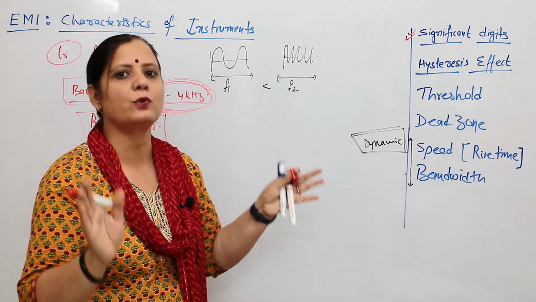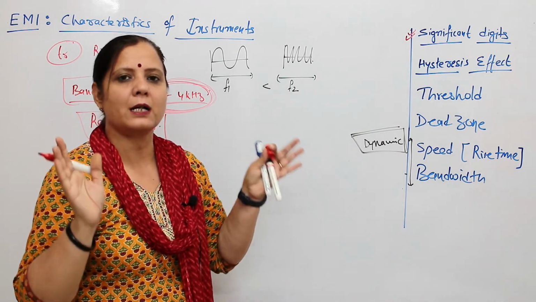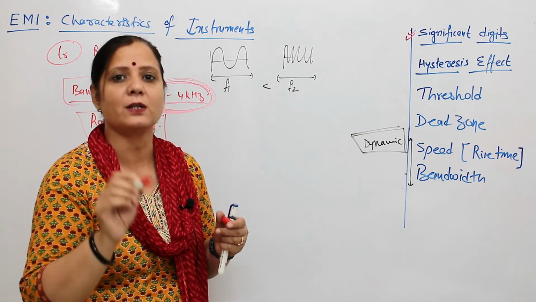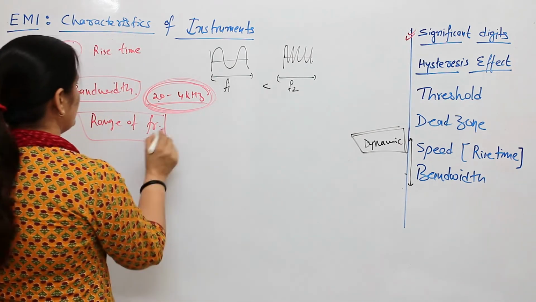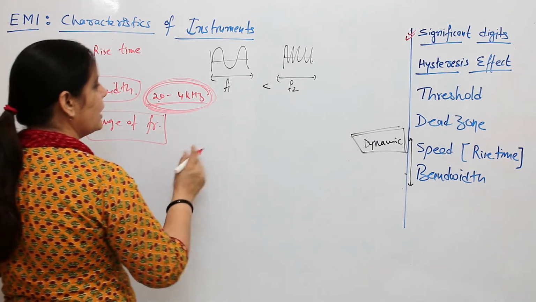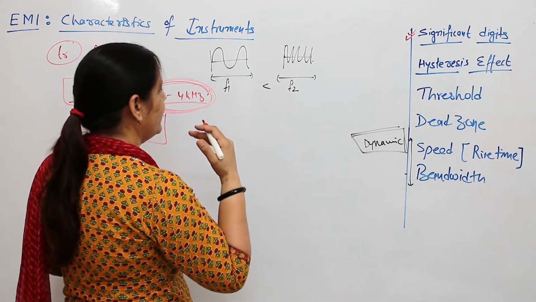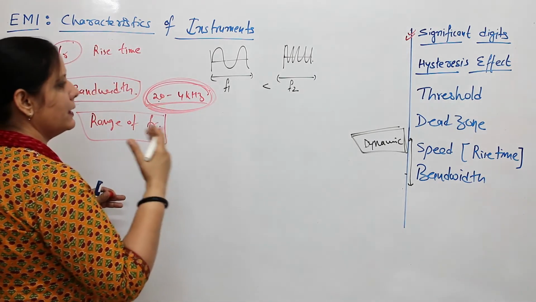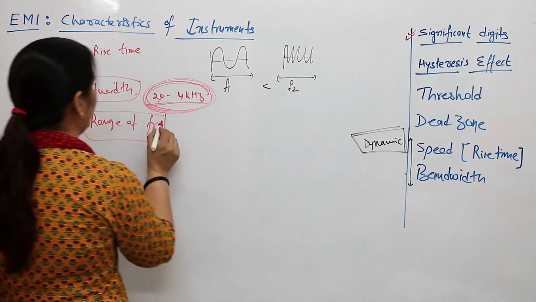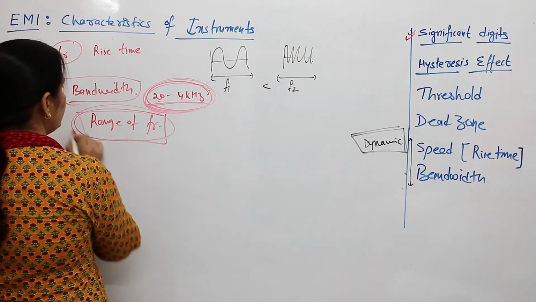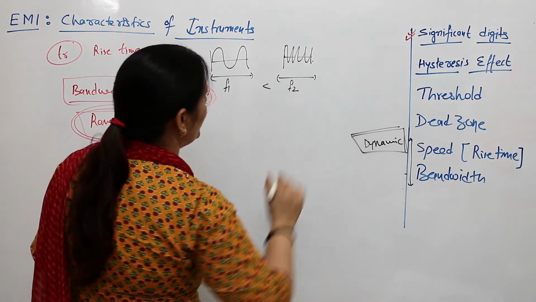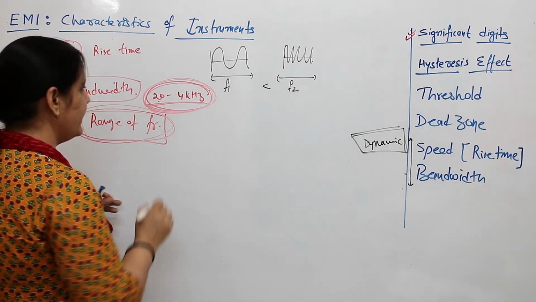But when you have to consider a range of frequencies, then you will consider the bandwidth of the instrument also. Bandwidth is range of frequency. All the amplifier and attenuator and resistance, capacitor, they all should be able to work in this range to record the change in input and give you a proper reading.